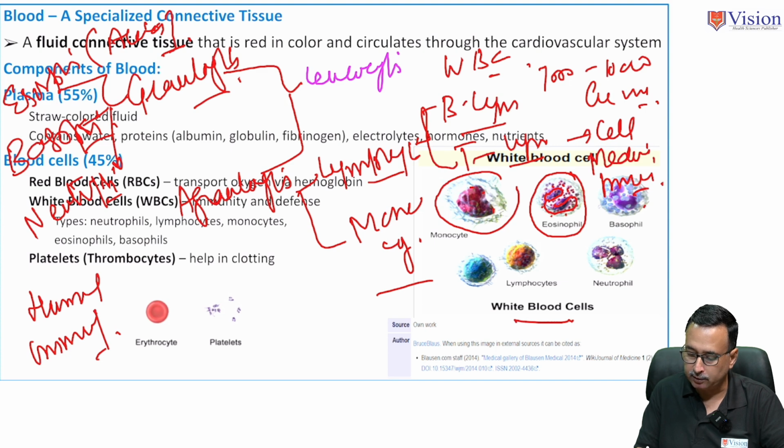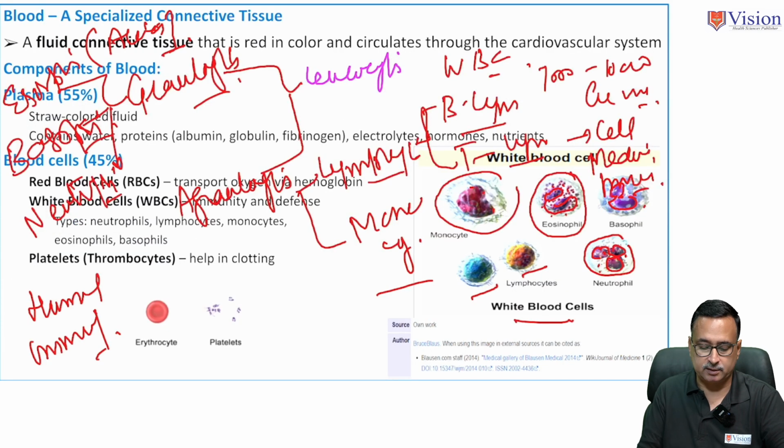These also contain granules in the cytoplasm, and the nucleus is almost bilobed. This is the neutrophil containing granules in the cytoplasm, and the nucleus here shows three lobes. So it has a multi-lobed nucleus. These are the category of lymphocytes with the nucleus almost circular or spherical.